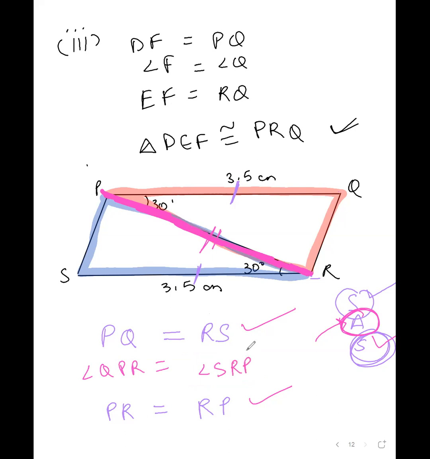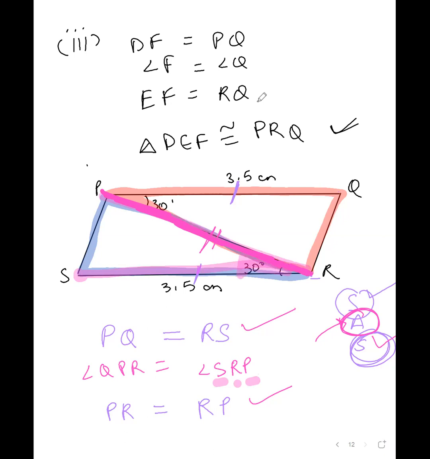Oh yeah, sorry, SRP. Why? Because SRP is this angle, na? This SRP angle means the starting point is S, vertex is R, ending point is P. So it is this angle, the 30-degree angle.